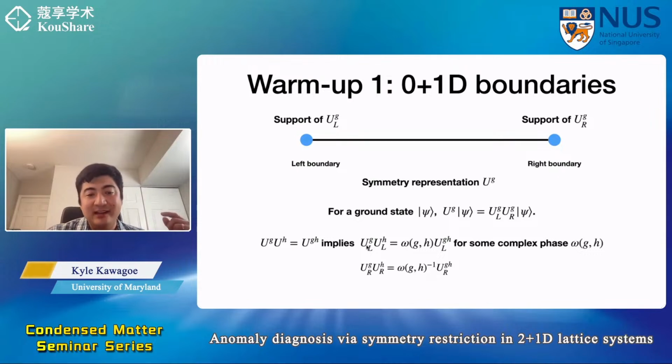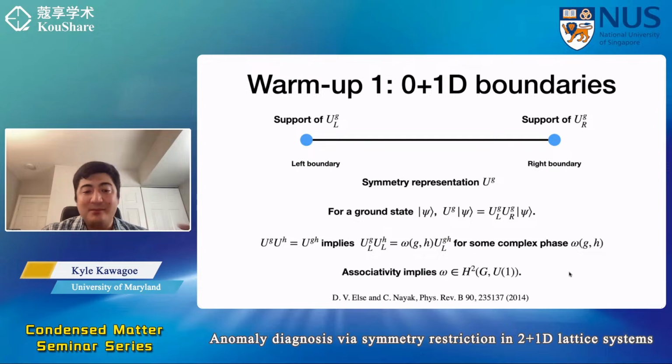So if you take this operator, imitating the symmetry action on the left boundary, U_g^L times U_h^L gives you U_gh^L up to a complex phase. And that complex phase is a so-called two-cocycle, and you can prove this.